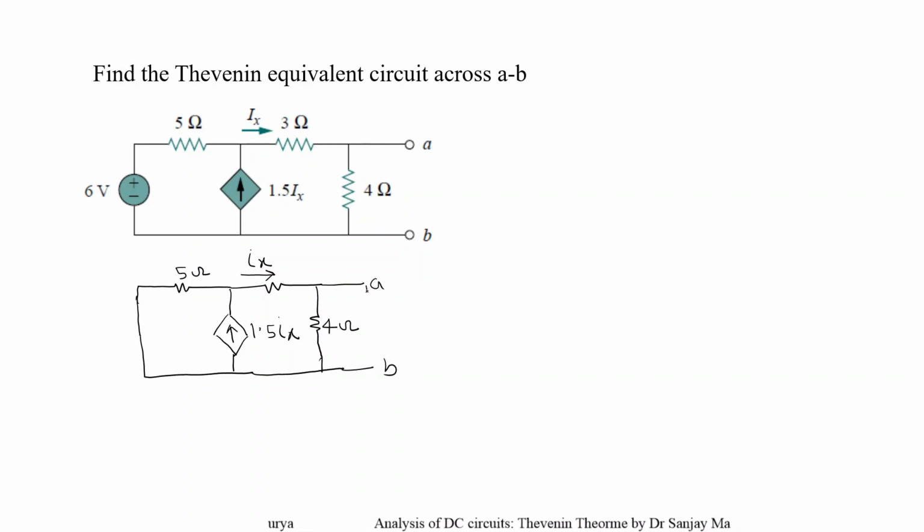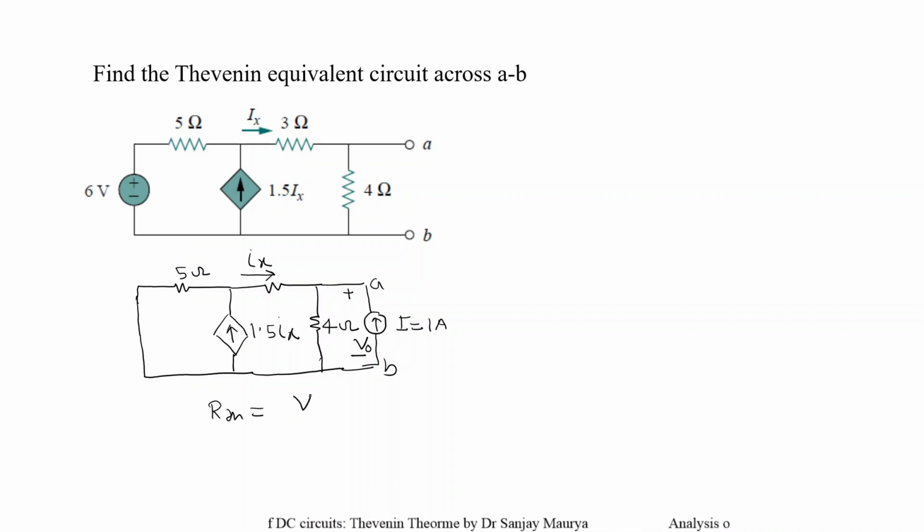Now I am going to apply a current source. Let's say, for the sake of simplicity, I assume I is equal to 1 ampere. So I need to find out the voltage across the two terminals. That voltage V0, if I know it, in such a case I can find out the value of RTH.